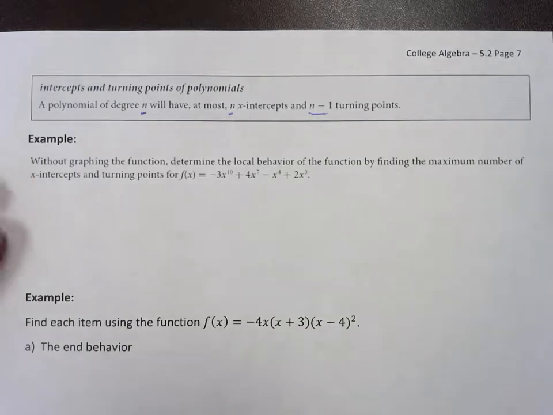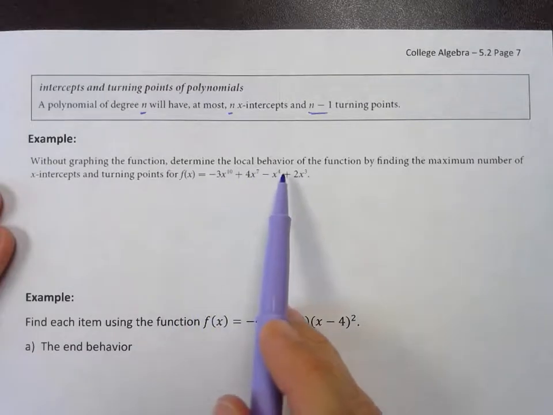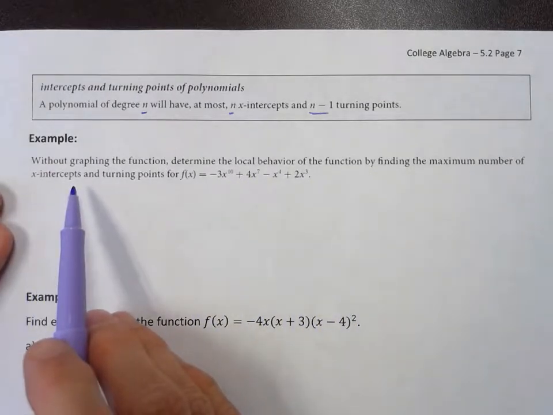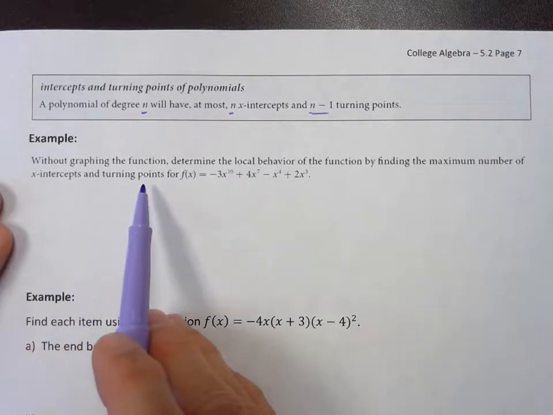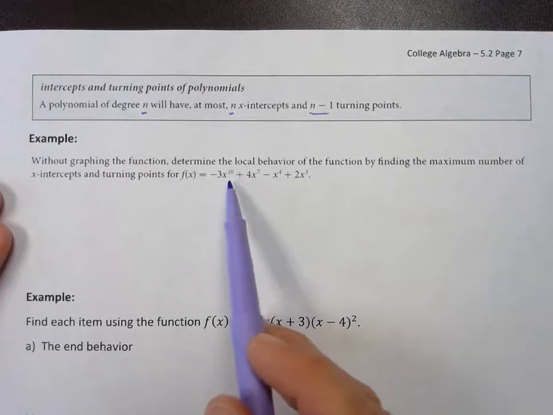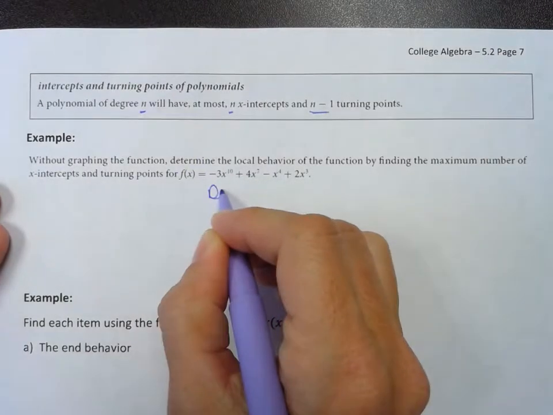So let's look at this first example. Without graphing the function, determine the local behavior of the function by finding the maximum number of x-intercepts and turning points. Well, this is a 10th degree polynomial, right? It's degree 10.